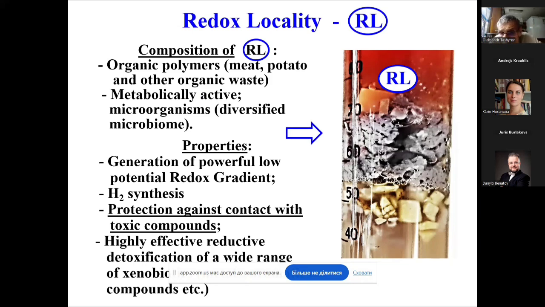And on the right picture, you can see the zone of the reduction of chromates without contact of bacteria.